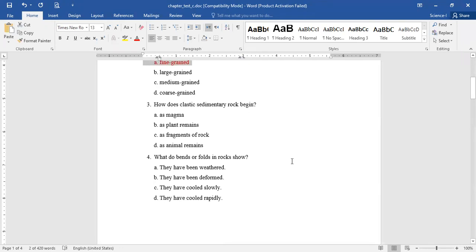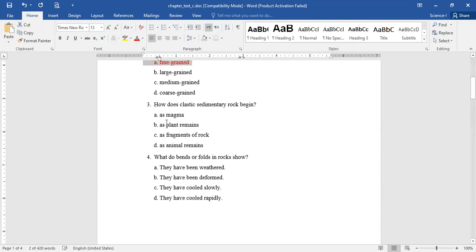How does clastic sedimentary rock begin? As fragments of rock.